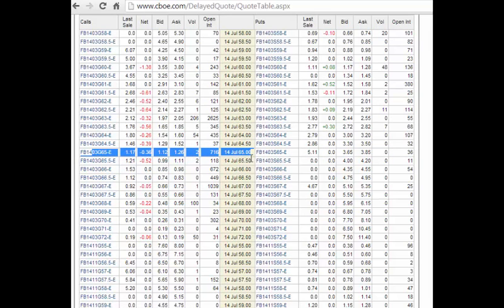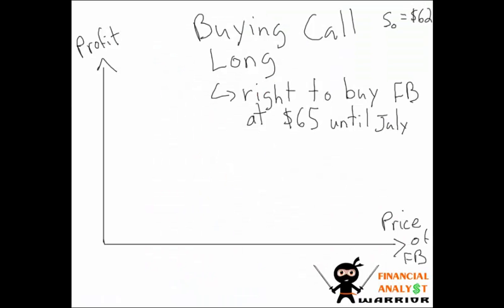So let's assume that's the price. Let's not worry about the bid and ask. Let's just say $1.12, $1.26. Let's say it's $1.20. So I'm paying $1.20 for the right to buy Facebook at $65.